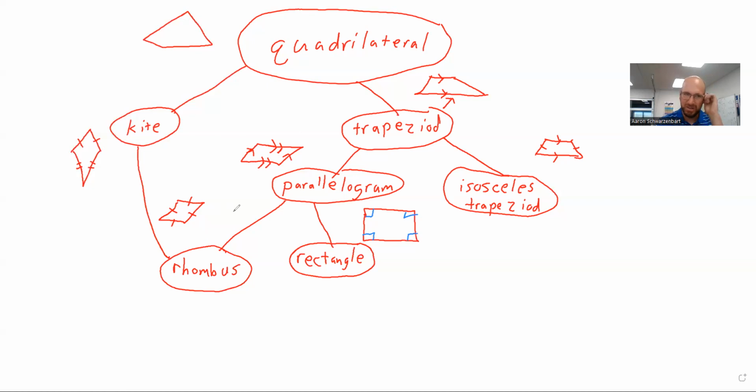So every property of kites also applies to rhombuses. And finally, we end up with the most specific one, the square, which is a rectangle and a rhombus. So it has four congruent sides and four 90-degree angles, or right angles.